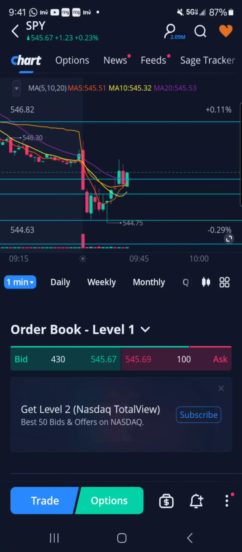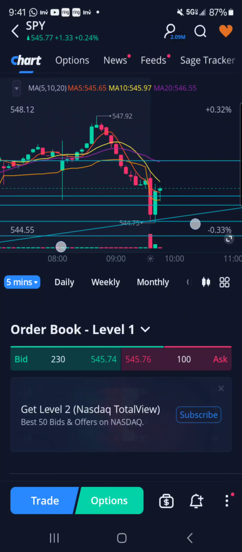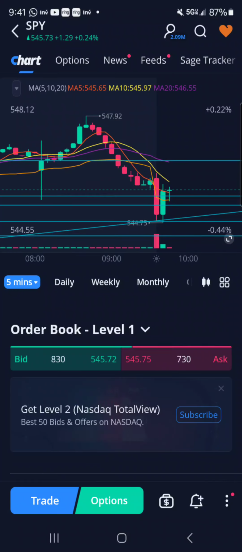Again, let me go back and show this trade, the way I took the trade. We're basing this trade off a tweezer bottom. A tweezer bottom is a reversal candlestick. To validate, your best entries would be getting in at the halfway mark of a tweezer bottom. Right? So that's what we did.